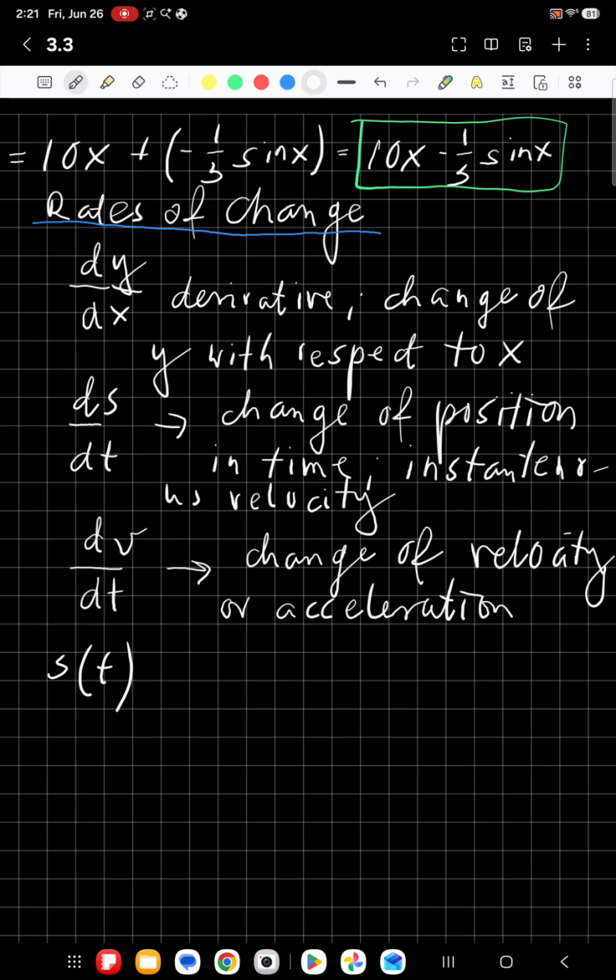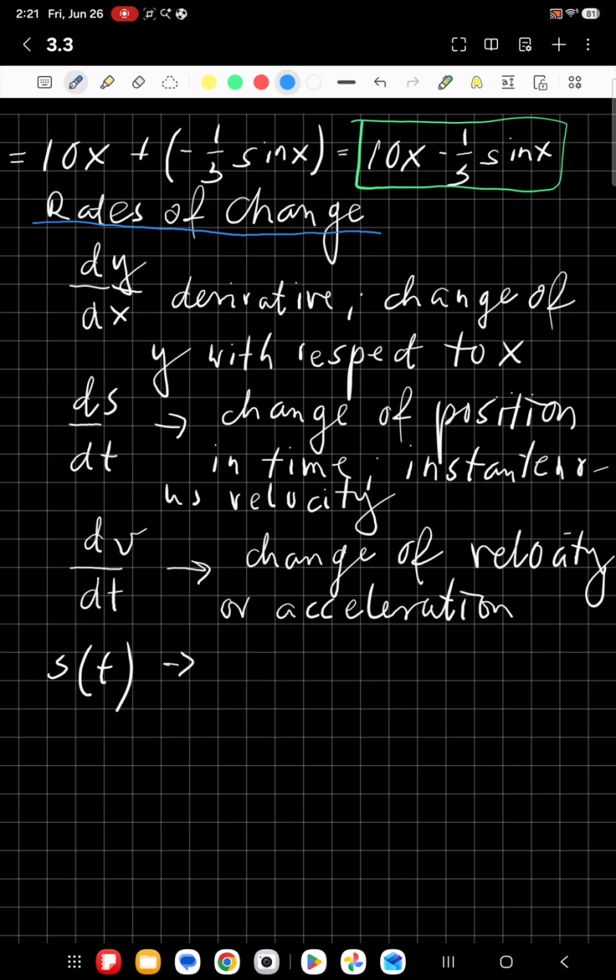So I'm going to translate calculating that first derivative into something more applicable to physics. That s of t is kind of equivalent to f of x, so maybe I'll write it above.